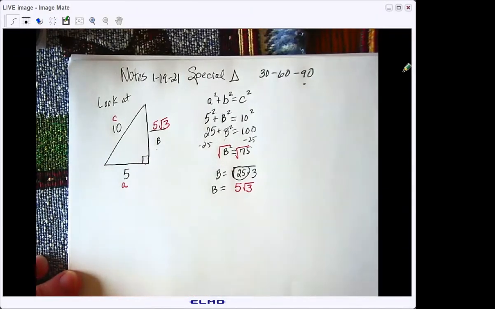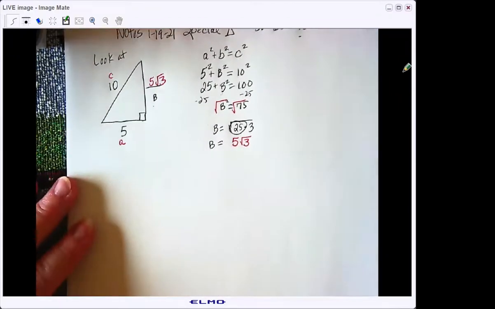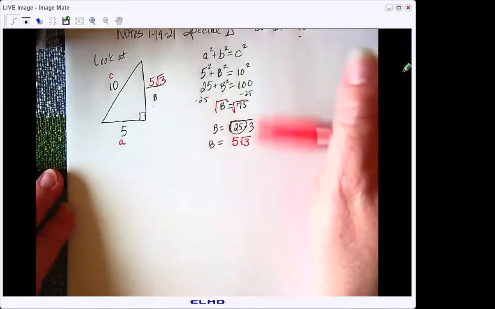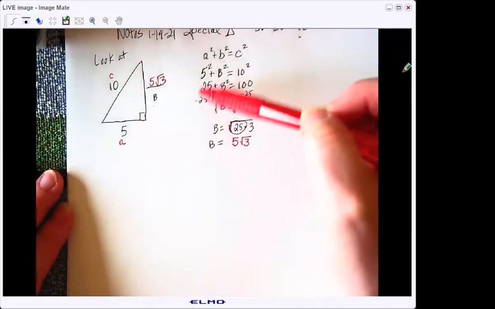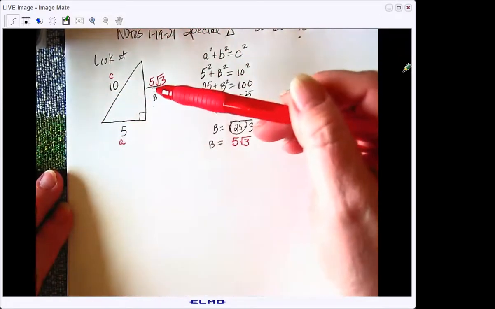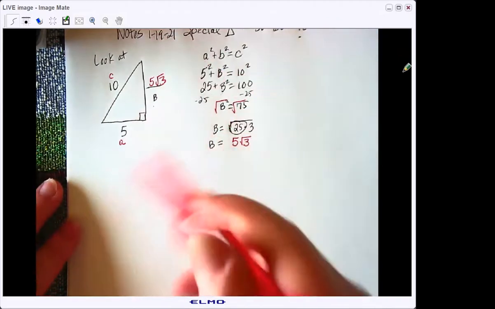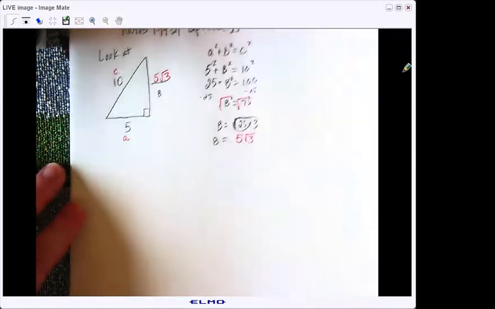Now, all of those relationships play a part in the final results. Okay, so you're not going to have to do what we just did, but this becomes the relationship that we memorize and that we look at. Okay, so we're going to write this down.